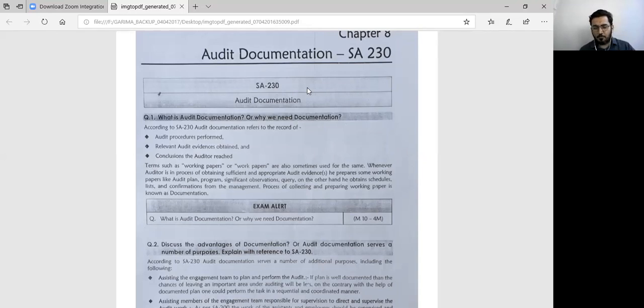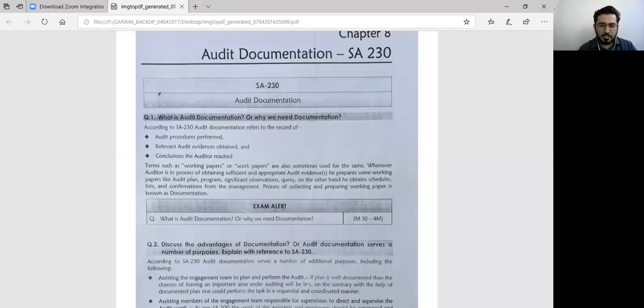Right, come to the second point. Understand this carefully. It will act as an evidence for you. What is the meaning of act as an evidence? If someone questions you that you have not done the audit properly, if someone tells you कि आपने ढंग से audit नहीं किया है, आपने तरीके से audit नहीं किया है, तो तब आप उसको कैसे प्रूव करोगे कि नहीं हमने ढंग से audit किया है, हमने सारे ऐसे फॉलो किए हैं.